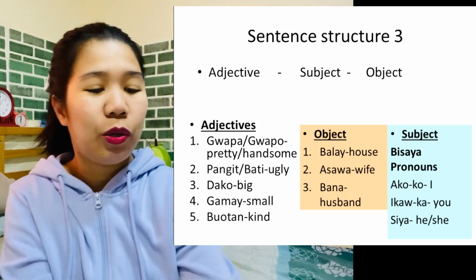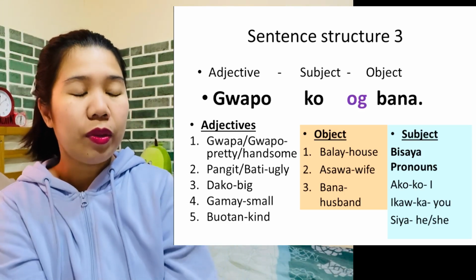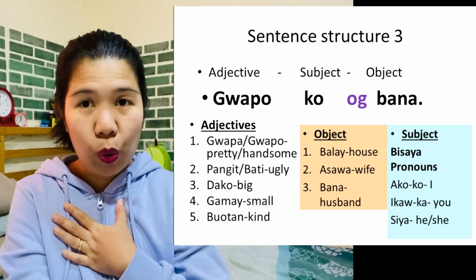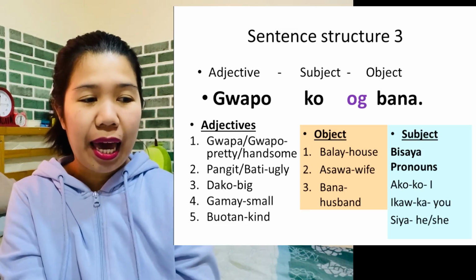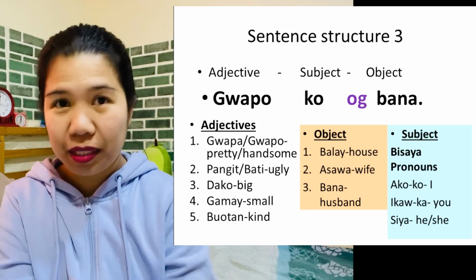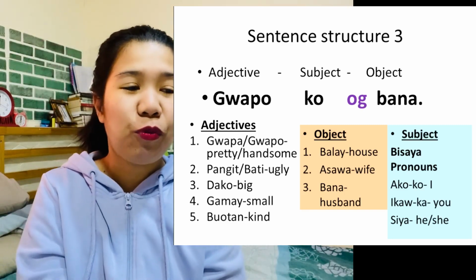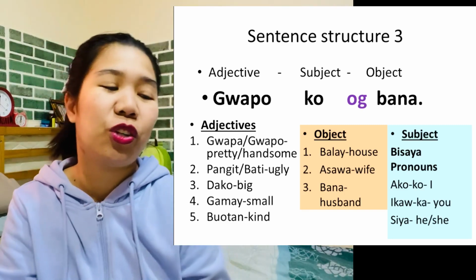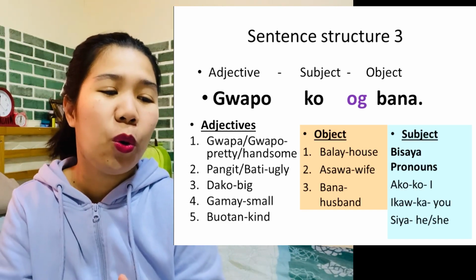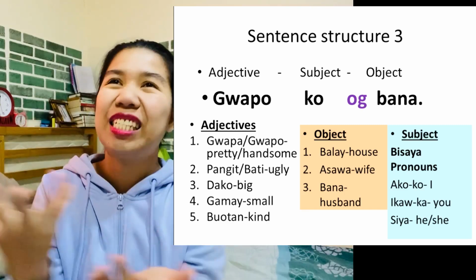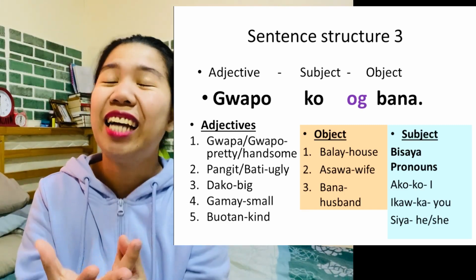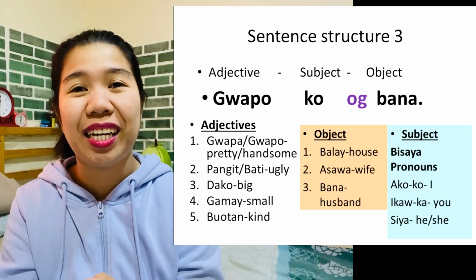Okay? So let's have an example. Guwapo ko ug bana. So meaning, I have a handsome husband. Okay? Because if you interchange it, for example, let's try guwapo ug bana ko, it's not right. It's just the design of the Bisaya grammar.